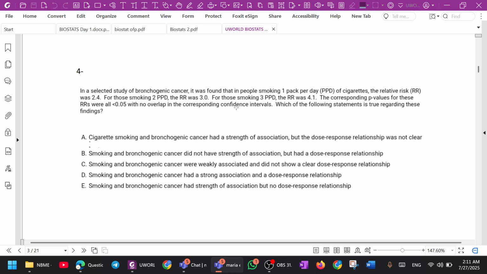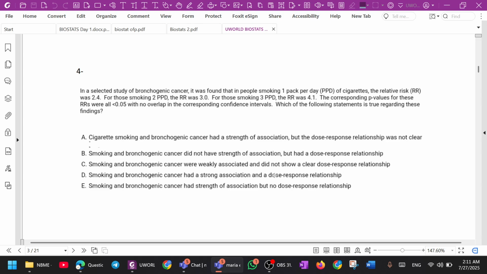Smoking and bronchogenic cancer are related, they have a strong association. This is normal, and it is based on dose response. The patients who are taking more cigarettes have a higher chance of getting bronchogenic cancer.